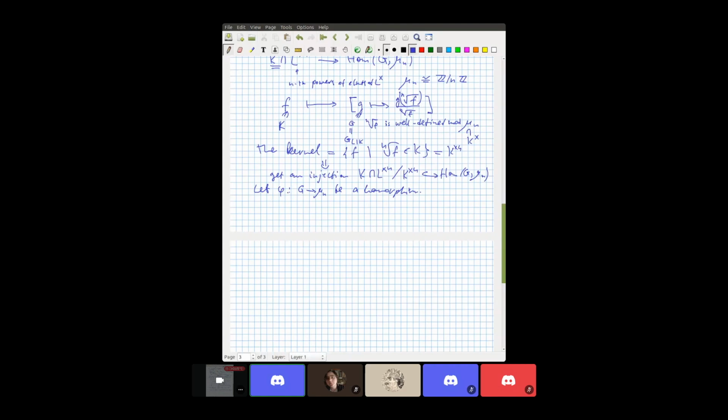Namely, consider the following one-dimensional semilinear representation of G over L. Maybe the following.